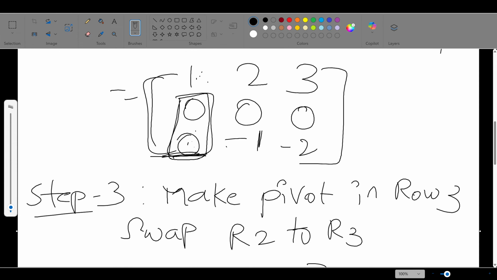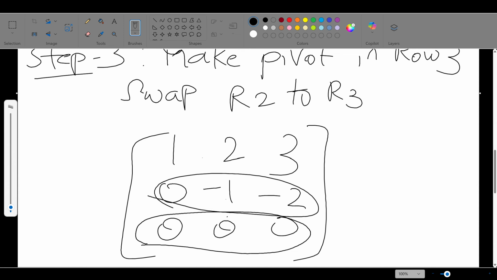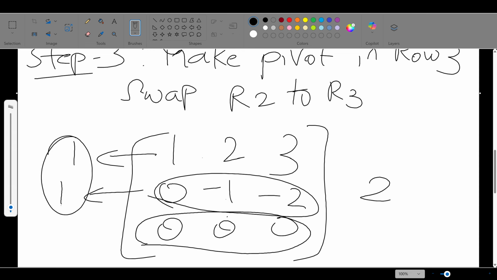There are 2 rows which are linearly independent, so 2 is the rank. But just to make it a clear visual, we just swap these 2 rows. So the first row rank is 1, the second row rank is 1, so the total row rank of the matrix is 2. Got it?